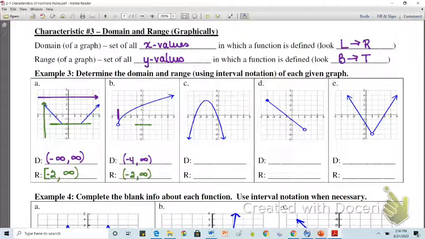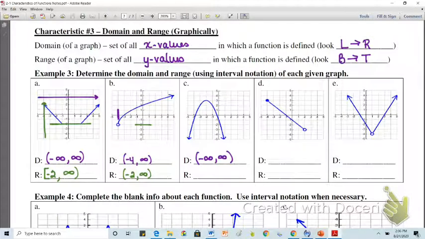Moving on to C. There's no starting point, there's no stopping point, there's no holes as I look left to right. So that is -infinity to infinity. As you know, the domain of all quadratic functions is all real numbers.